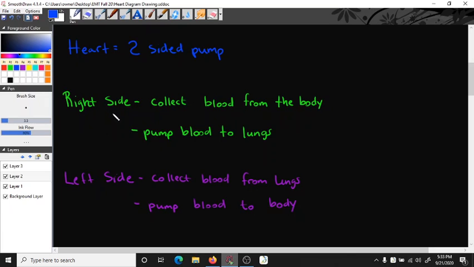The purpose of the right side is to collect blood from the body and to pump that blood to the lungs. Specifically, it collects deoxygenated blood from the body, and it's going to pump that deoxygenated blood to the lungs.